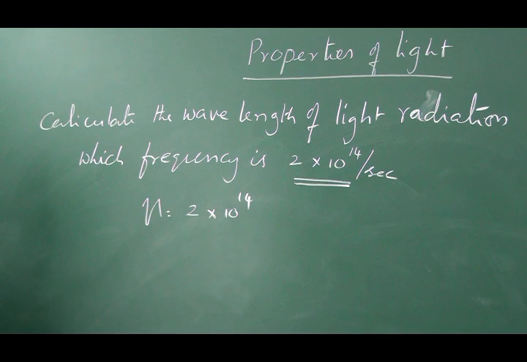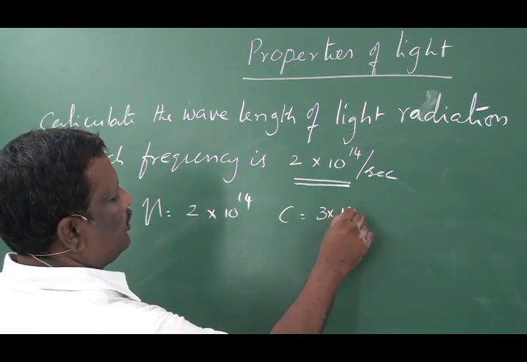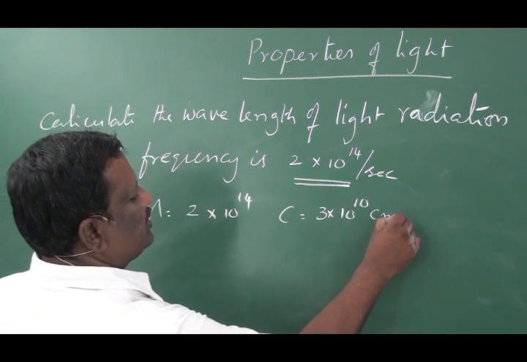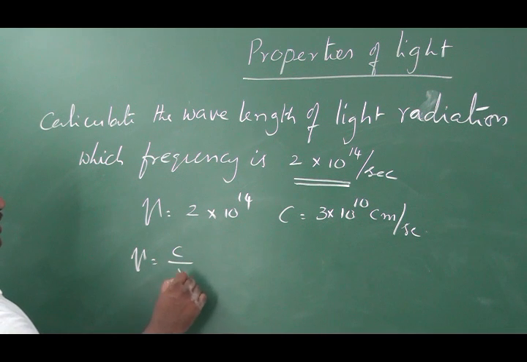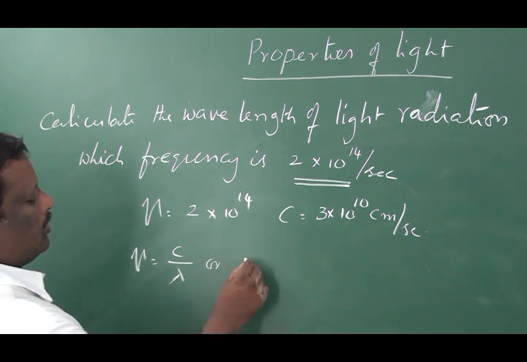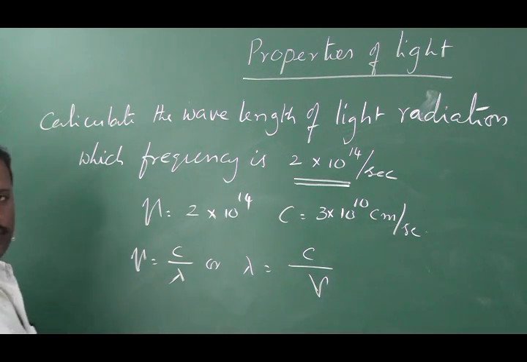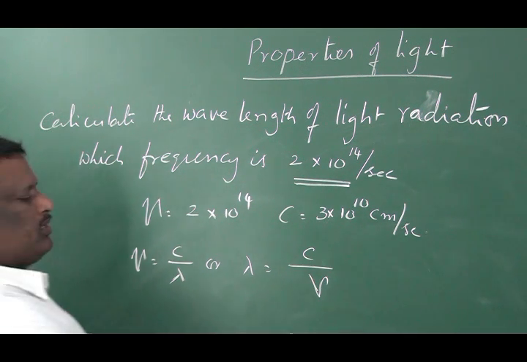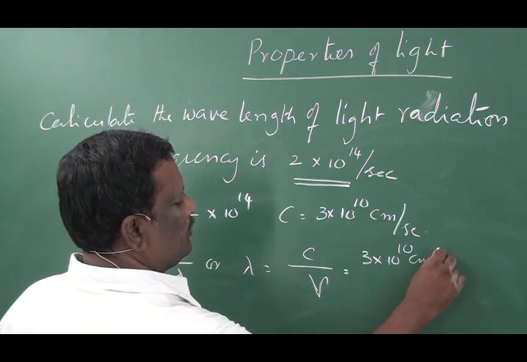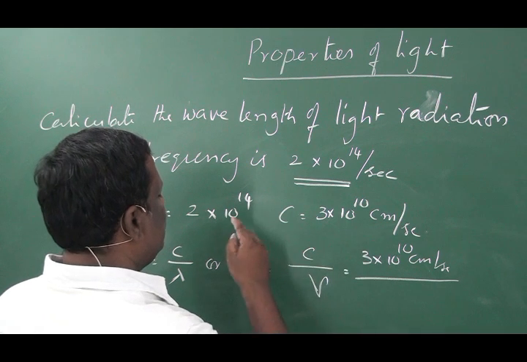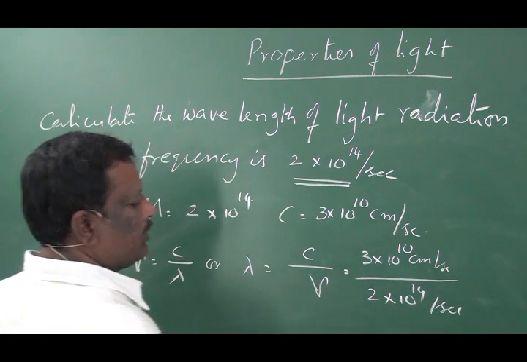We know that the velocity of light c is constant. So c is equal to 3 into 10 to the power 10 centimeters per second. Now nu is equal to c by lambda, or lambda is equal to c by nu. So lambda is equal to c, 3 into 10 to the power 10 centimeters per second, by nu, 2 into 10 to the power 14 per second.